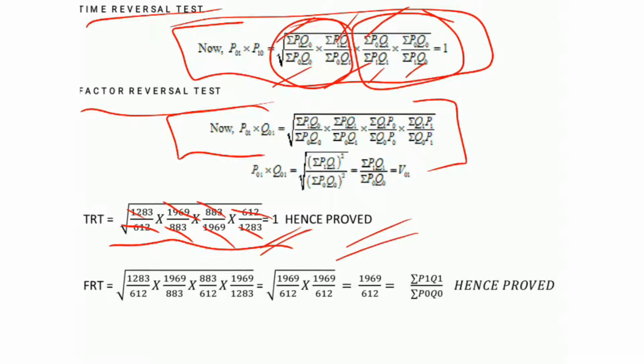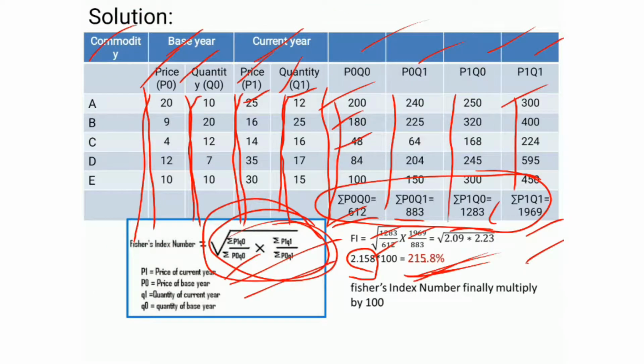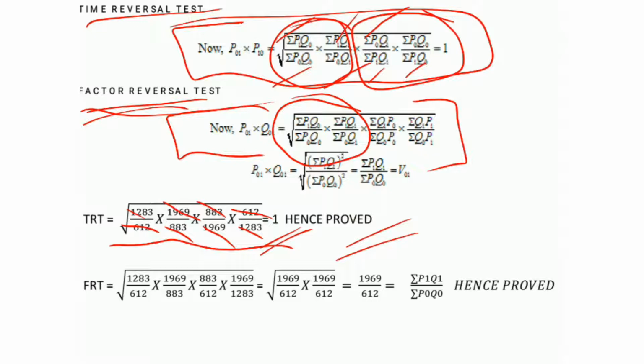The next one is the factor reversal test. Factor reversal test follows the same logic. The first part is the same as your previous formula, Fisher's index. Remember that. In the second part, if you observe, there is a small change. P1 is being changed to P0, and Q0 is being changed to Q1. Similarly, on the other diagonal, the value P0 Q1 is being changed to P1 Q0.